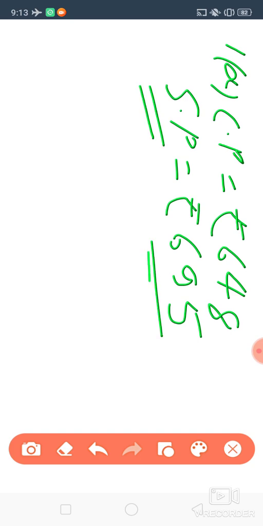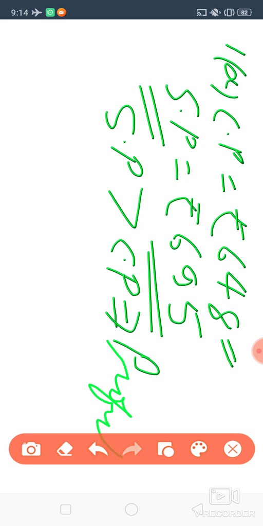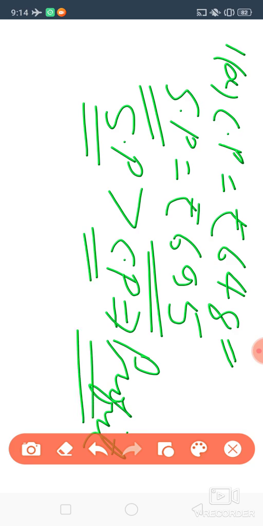You are selling for more money and you have bought for less money. So if you sell for more money, you will be in profit. So you write SP is greater than CP, so there is a profit.